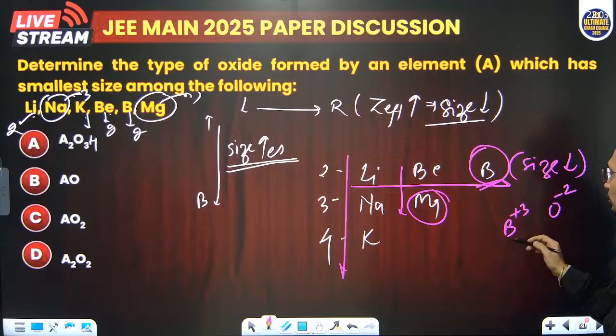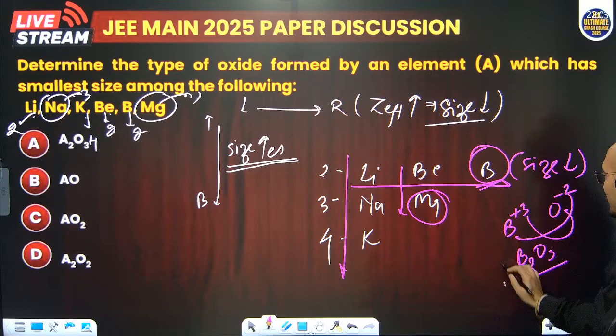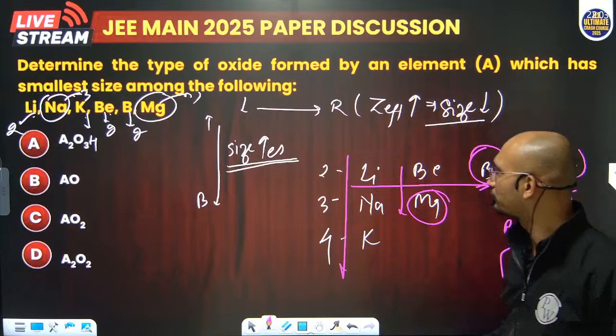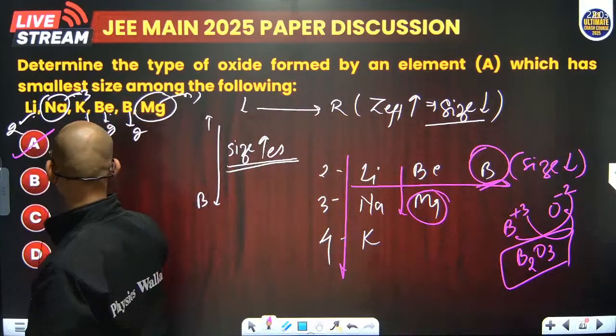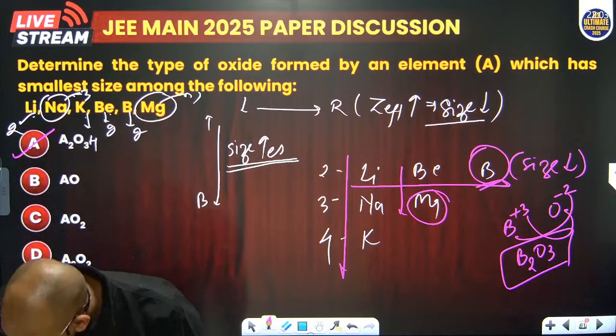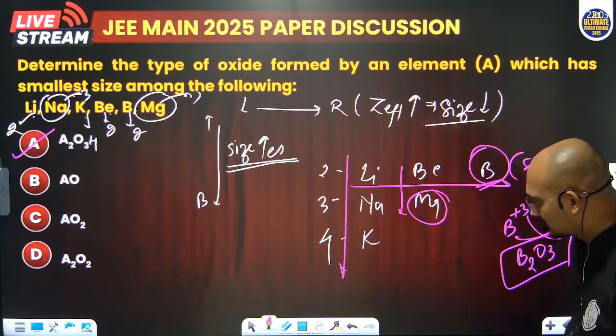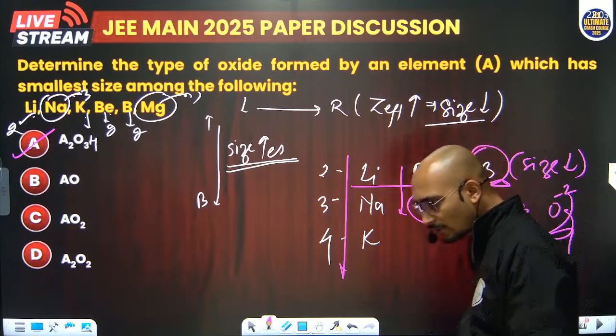To make it electrically neutral, multiply boron with 2 and oxygen with 3. So B2O3. Which kind of oxide will it be? A2O3. Yes or no? Okay, Tanush is answering A. For sure A is correct. Tanush, very nice, very good.